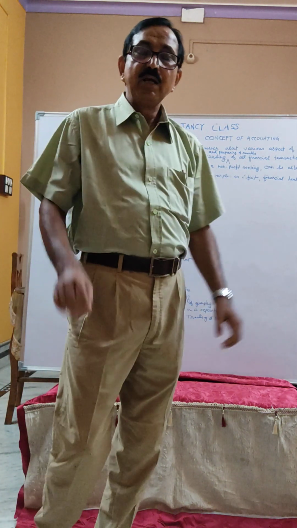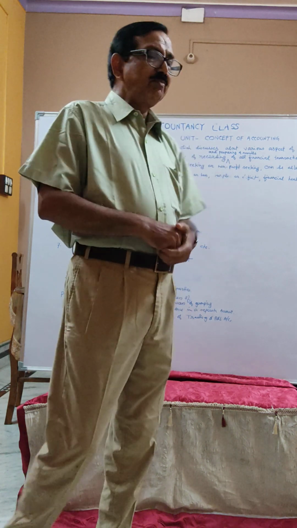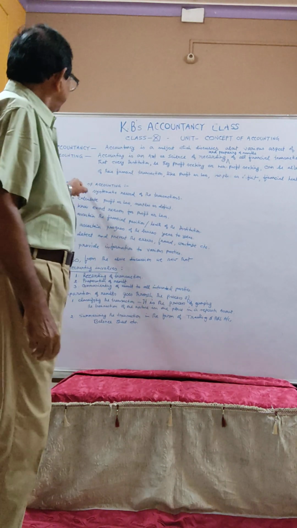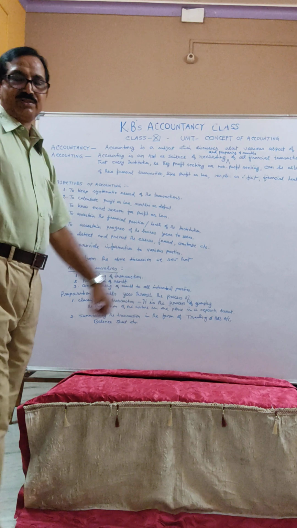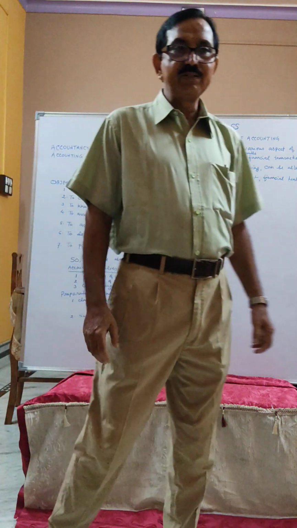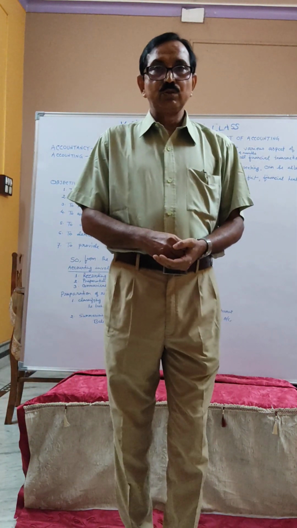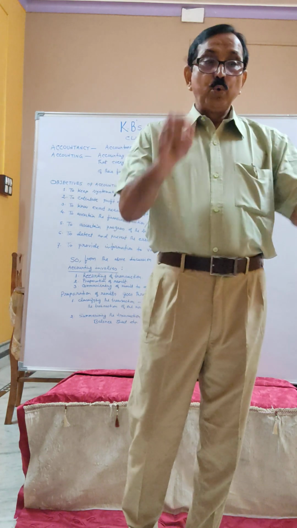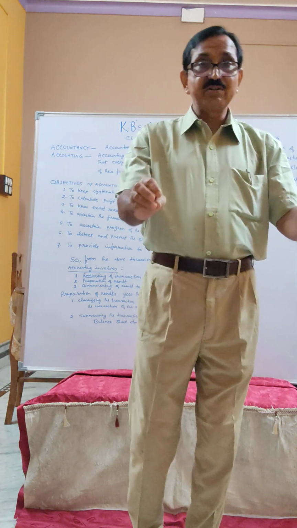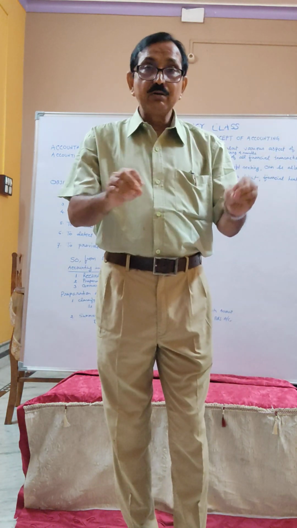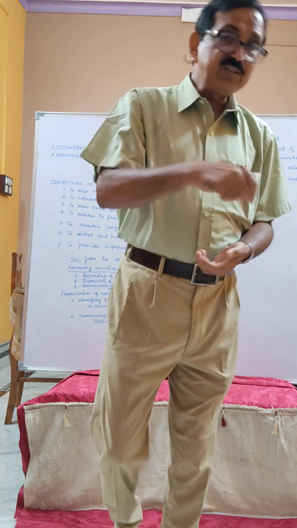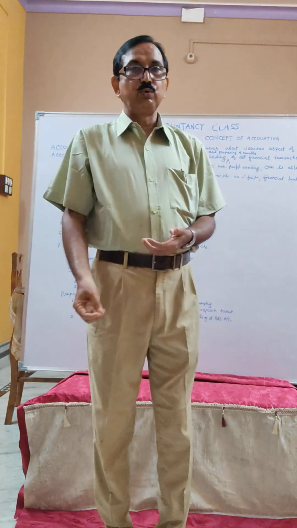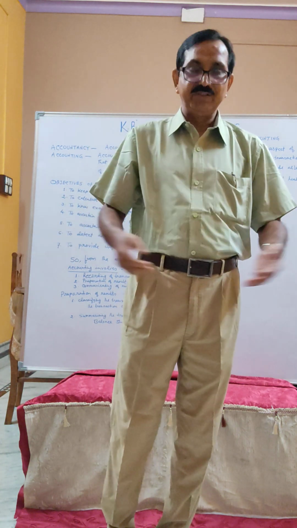Now we shall discuss what are the objectives of accounting. Objectives of accounting, first, to keep a systematic record of the transactions. Systematic record means all the transactions which occur day to day, we have to record in such a way that any transaction can be found out at any time we need.